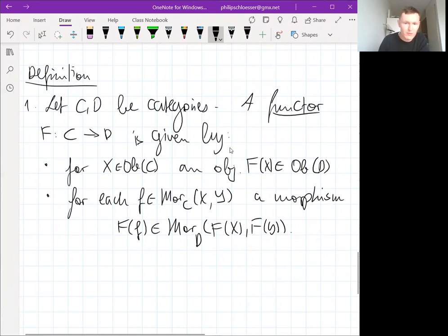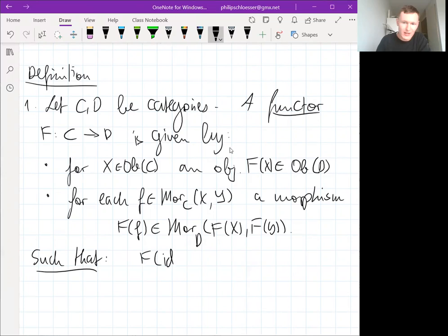And again, we have some conditions. And again, these conditions have something to do with the conditions we had on the data that defines a category. Namely, we have the identity that needs to be a special case, and we have to do something special to composition.